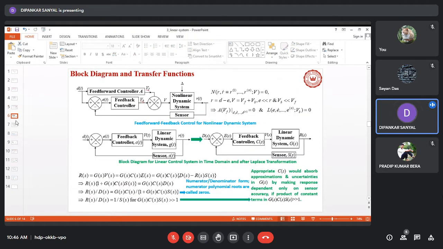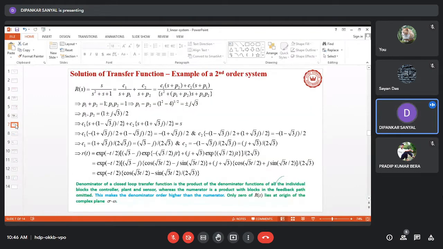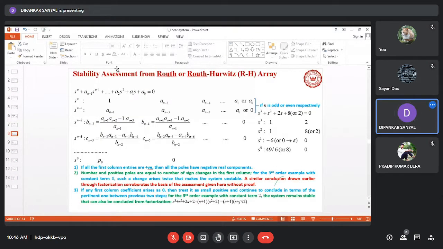and that something we discussed as applying the Routh principle or Routh-Hurwitz principle, in which an array is formed from the characteristic equation in the shown manner.